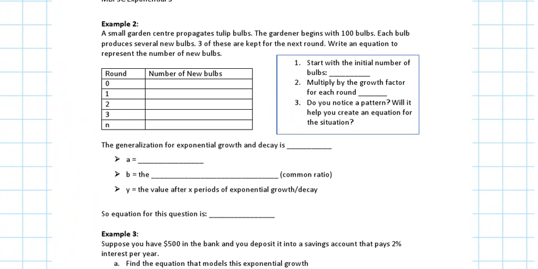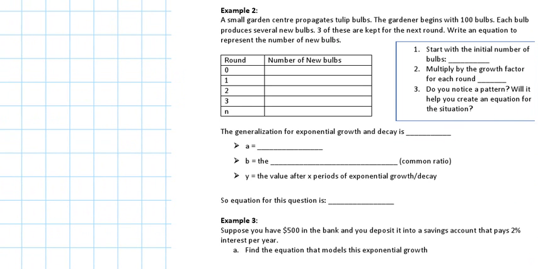I'm starting with 100. I can't draw 100, but I'm going to draw like 1, 2, 3, 4. Now I have 100 of them, not only 4. From each one, I'm going to keep 3. So if I started with 100, for the next round, how many will I have?